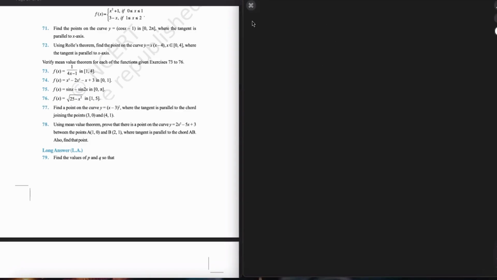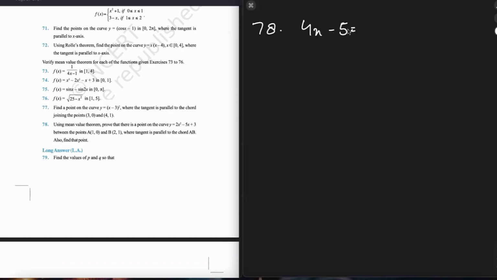All right. Now question number 78. Using mean value theorem, prove that there is a point on the curve between points A and B where tangent is parallel to the chord AB. Also find that point. Okay. So on finding f dash c, I have 4x minus 5 in place of f dash of x, and f2 minus f1 divided by 2 minus 1.